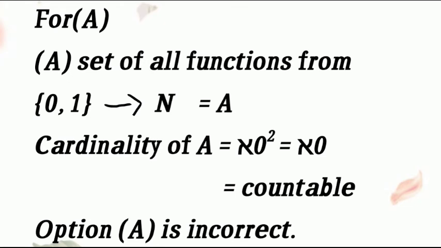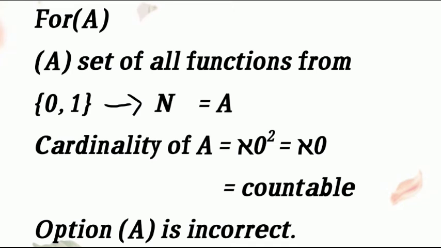For option A, the set of all functions from the set {0, 1} to N, call this set A. Now we are going to find the cardinality of A, and the cardinality of A will be the cardinality of the set of natural numbers to the power cardinality of the set {0, 1}.